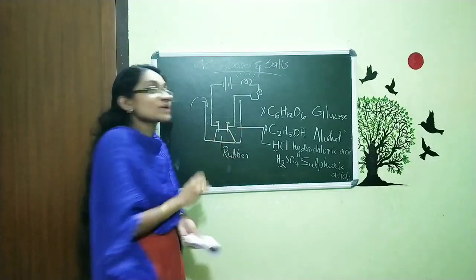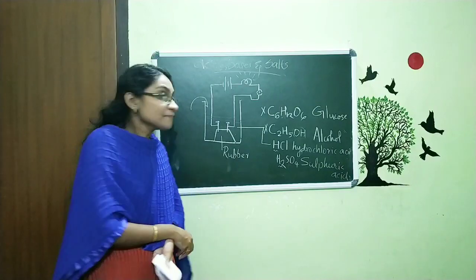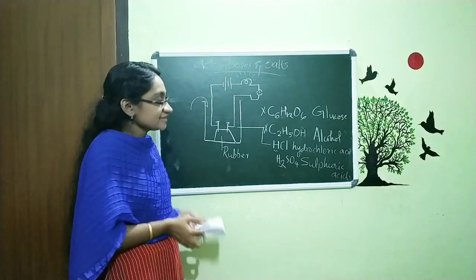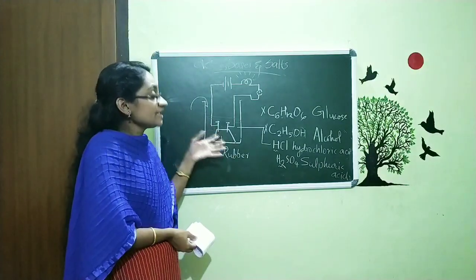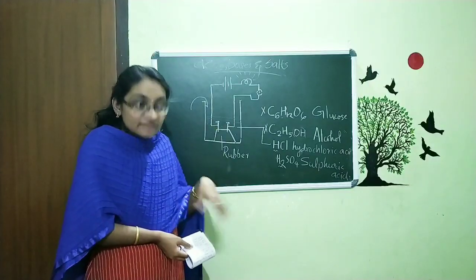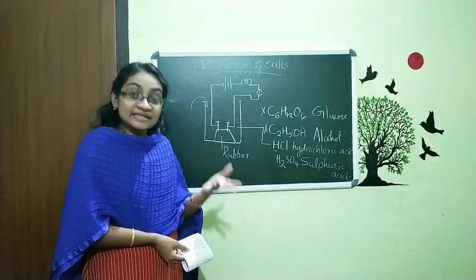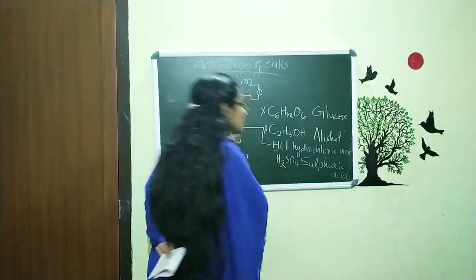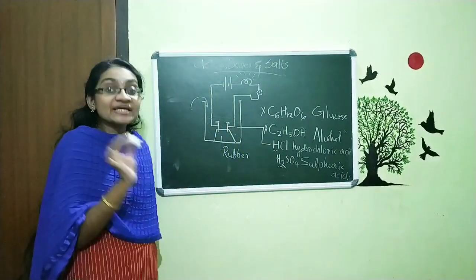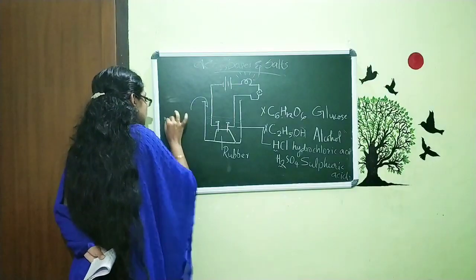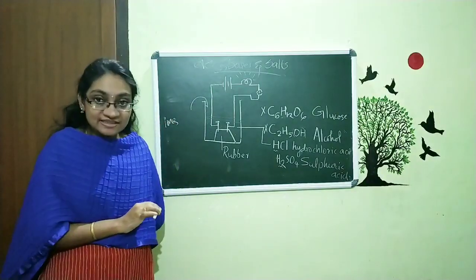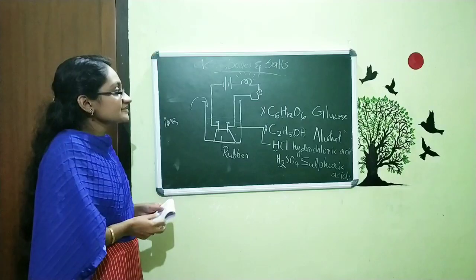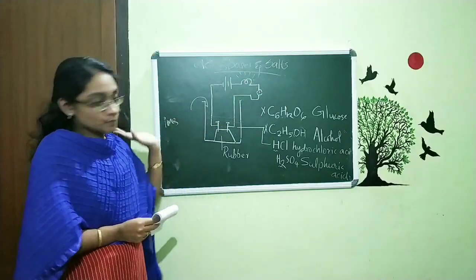This hydrochloric acid has a number of free ions. You already studied that if free ions are present, the electricity will flow. Because of free ions, the bulb glows.